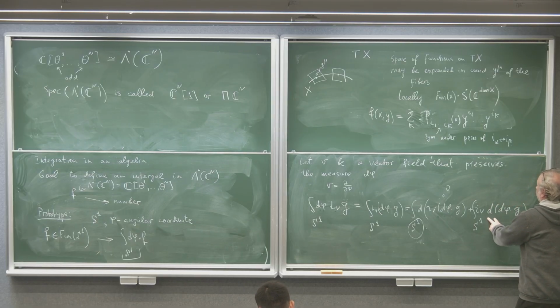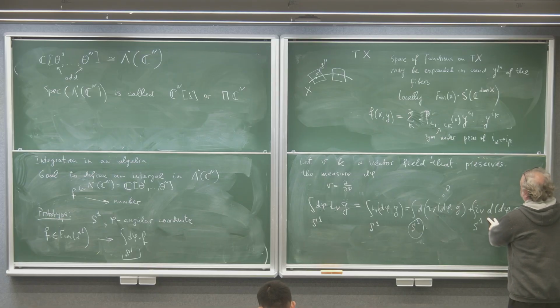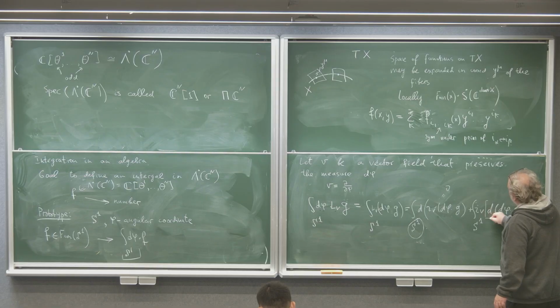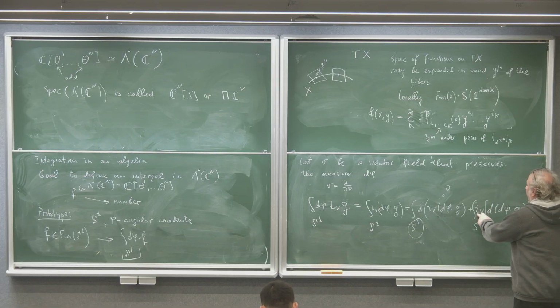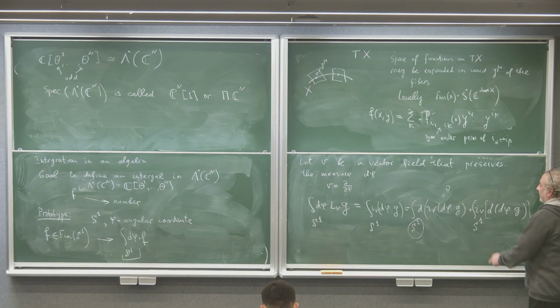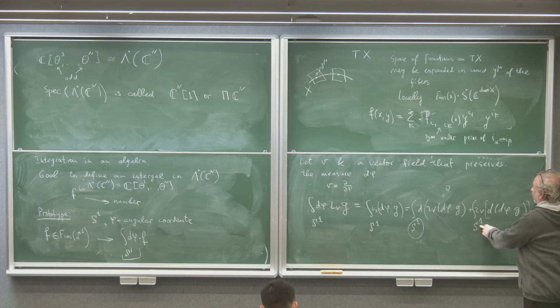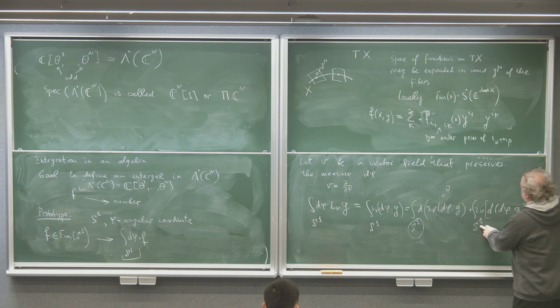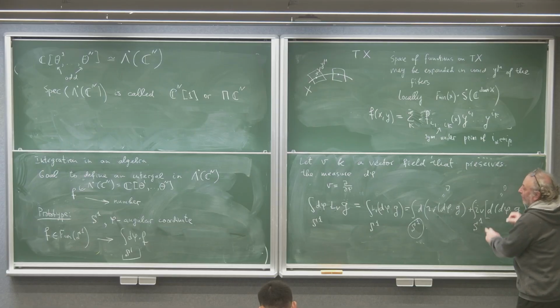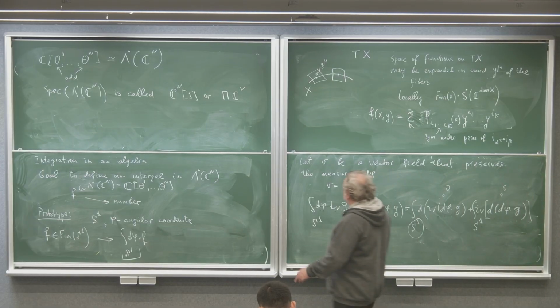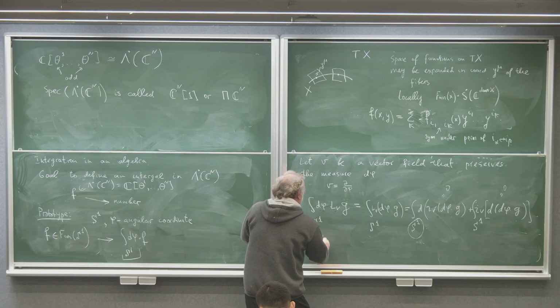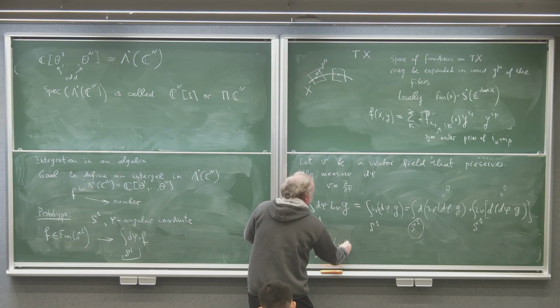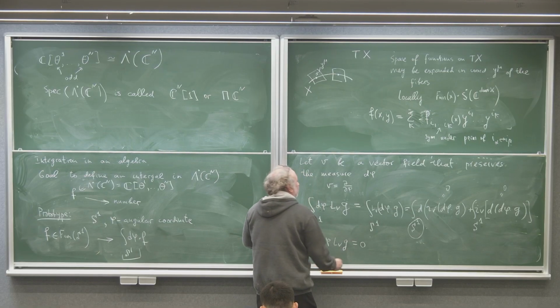Now what about this term? Iota V of something has a degree definitely less than degree of S1. So this term also equals 0. So it means that the integral over S1 of LV of G equals 0.